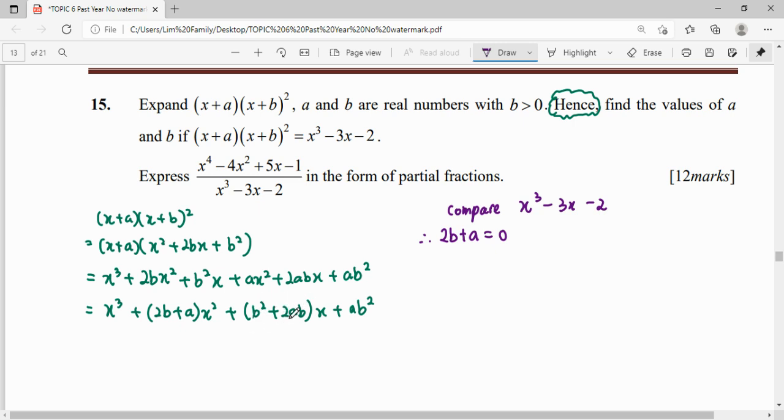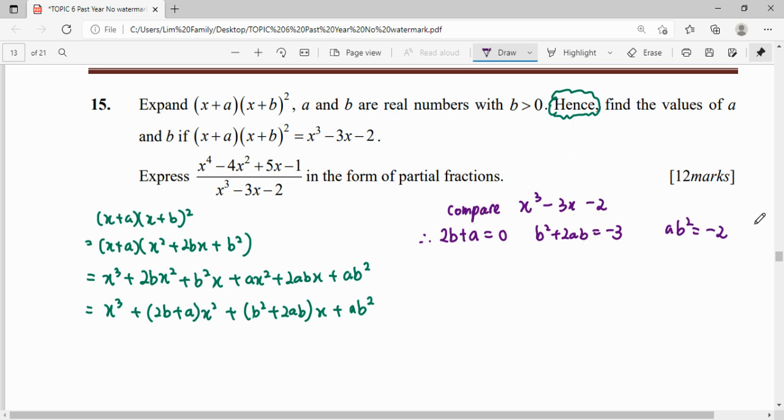So that means b² + 2ab equals negative 3. And the last one, the constant value, ab² equals negative 2. So from this comparison, we have to find out our values a and b. We are going to form two simultaneous equations.